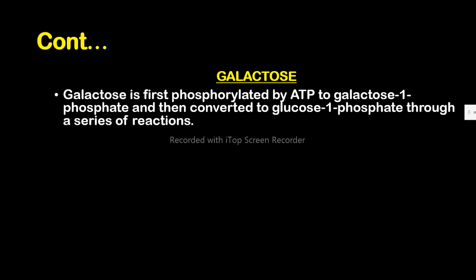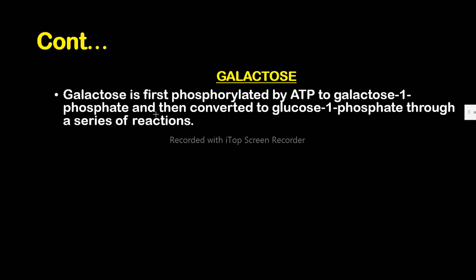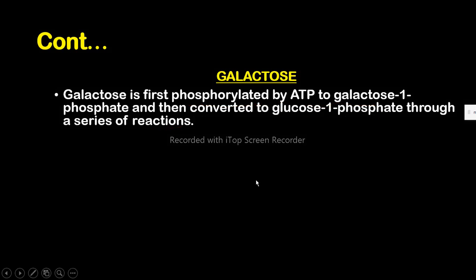So if you can respire glucose, then there is nothing which stops you from respiring galactose. So now, galactose is first phosphorylated to form galactose 1 phosphate and then converted to glucose 1 phosphate through a series of different enzymatic reactions. After that, the rest becomes the same.